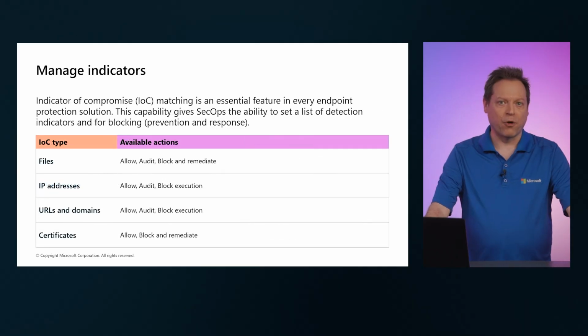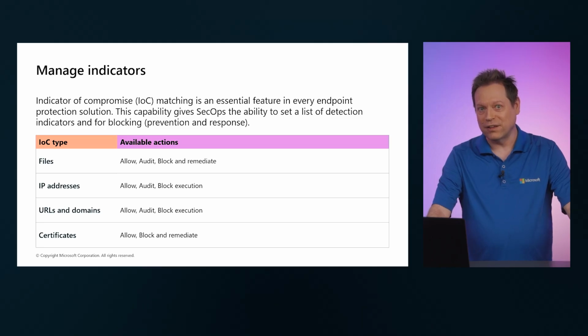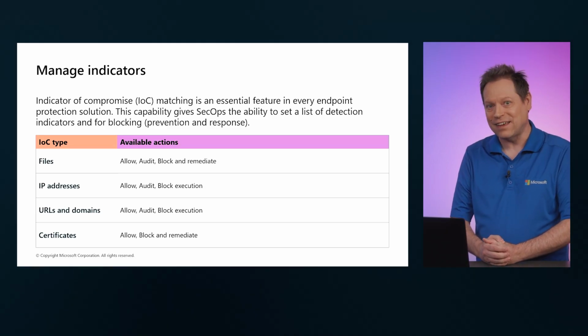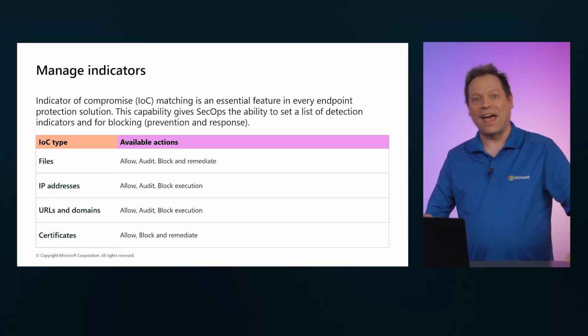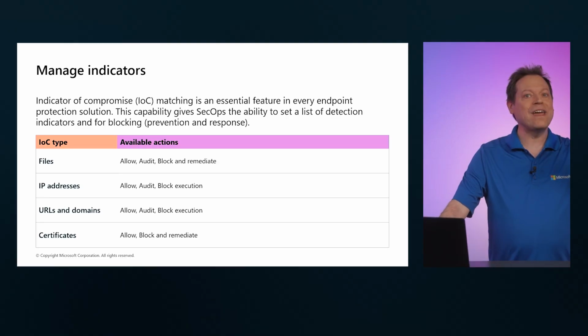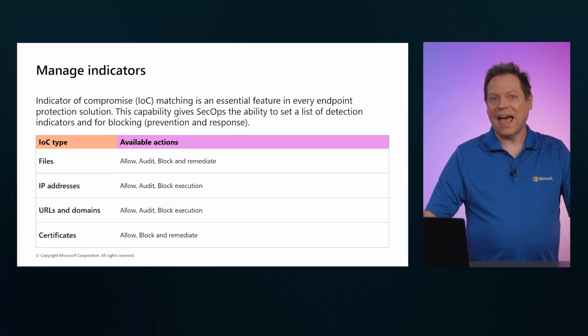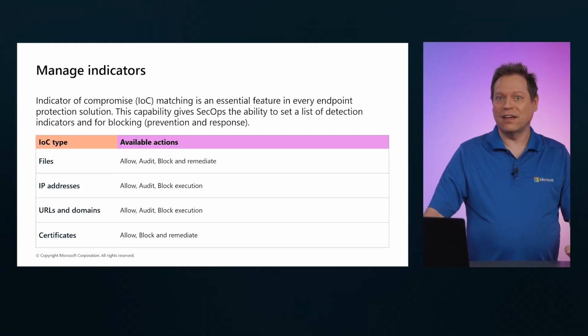Indicators of compromise, or IOC, are a foundational capability in endpoint protection. Defender for Endpoint allows security teams to define indicators and enforce actions, such as allowing, auditing, blocking, or remediating activities tied to those indicators.